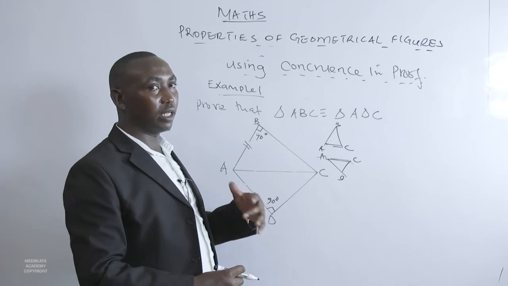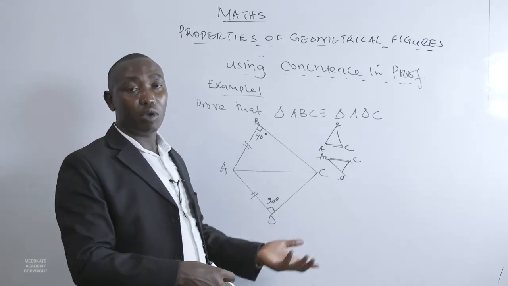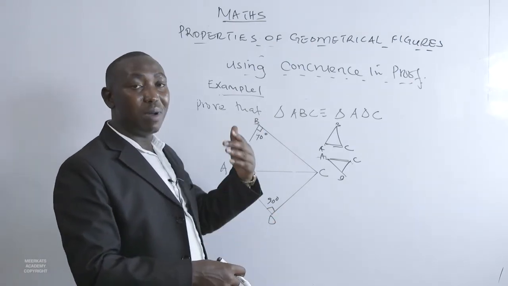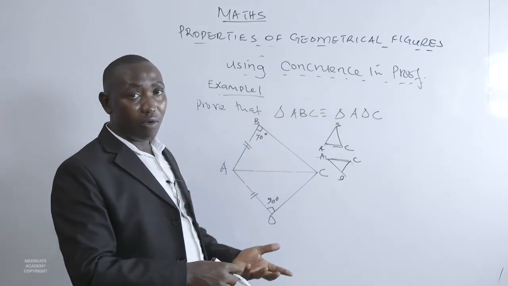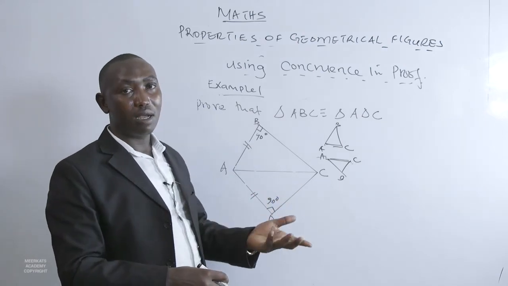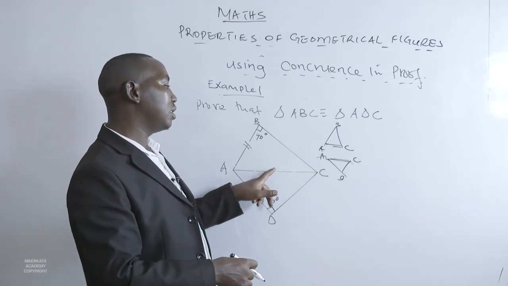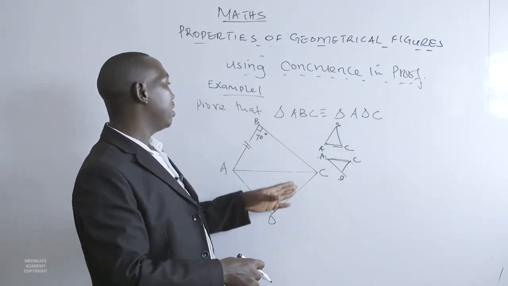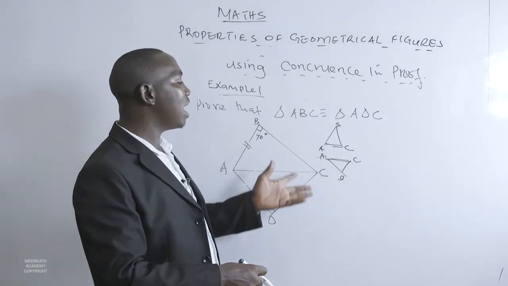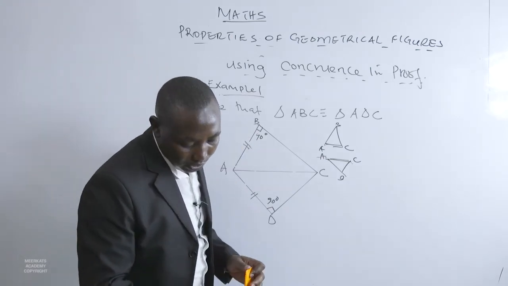That AC is shared, therefore it is equal for both. And from there you can even conclude we have two sides which are equal and one angle. And by virtue that this angle is not an included angle, then this is the side, side, angle rule. Or if this side is equal to the other side of the other triangle, then automatically BC and DC will be equal. Then if they are going to be equal, we can use the side, angle, side test.